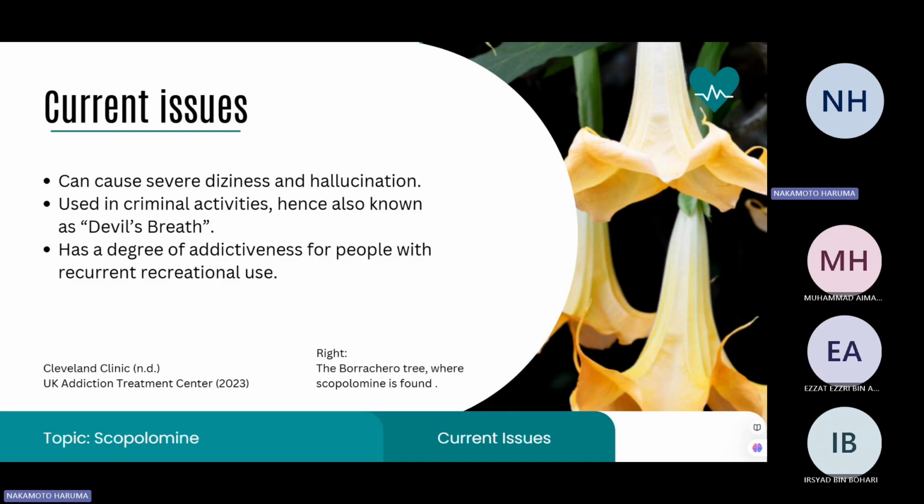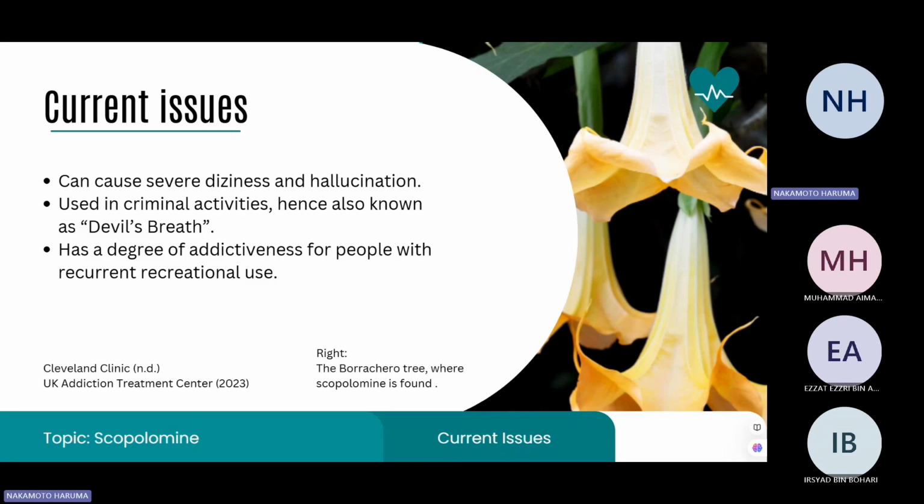For example, people in South America use this drug purposely to make people unconscious and then lure them into criminal activities such as robbery or rape. Hence, this drug is also known as devil's breath.